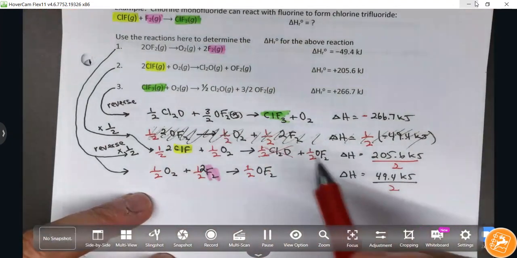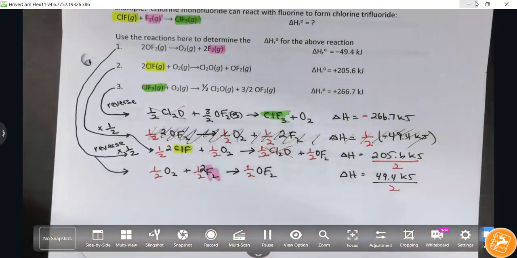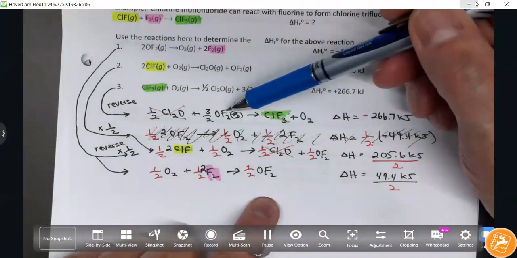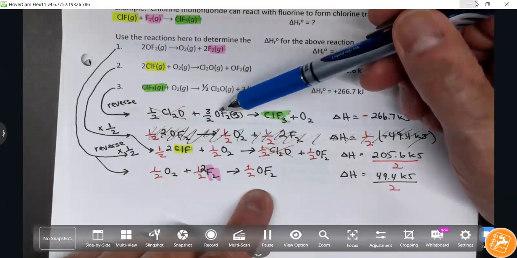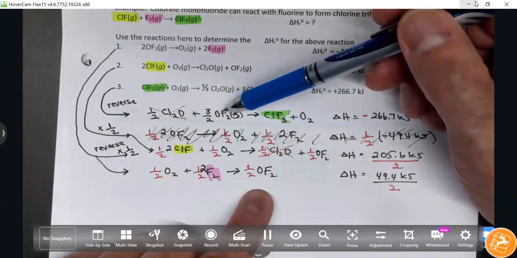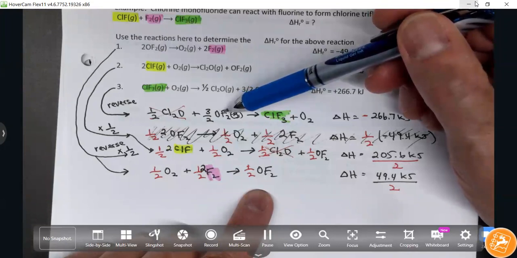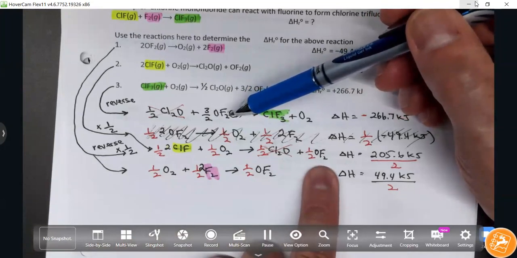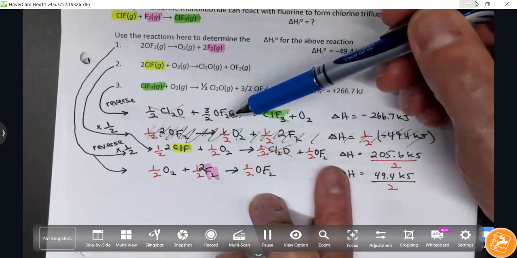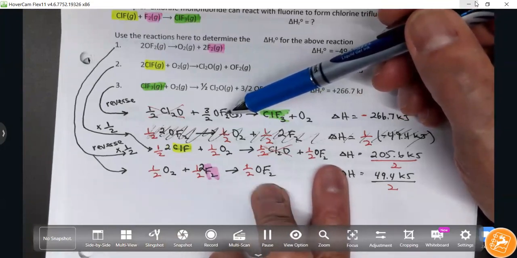And 1/2 Cl2 right there. That matches. Wow. We got 3/2 OF2 here. This thing's got to disappear, right? So we have 3/2 OF2 here. We got 1/2 there and 1/2 there. That's 1. We need another half somewhere.